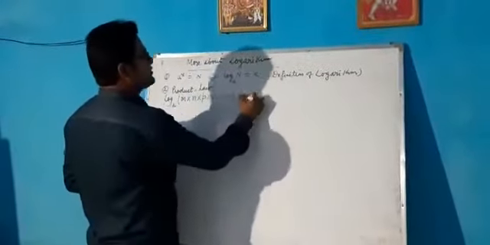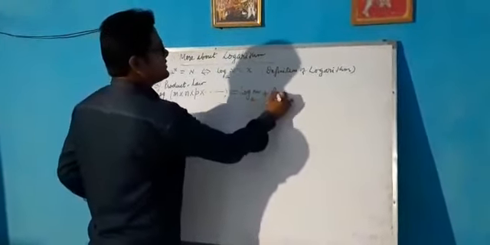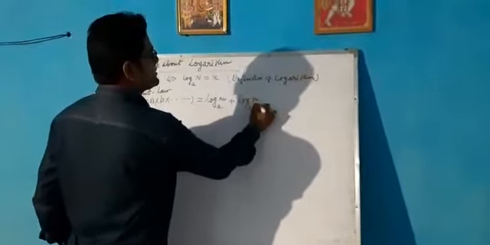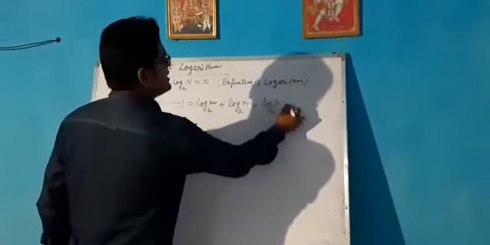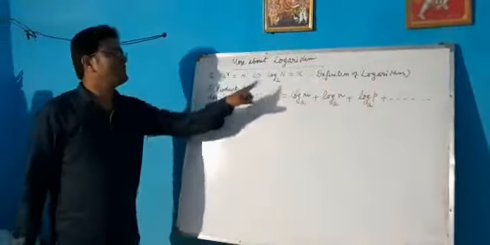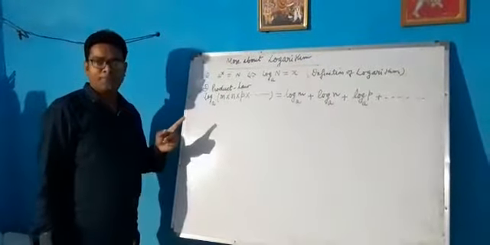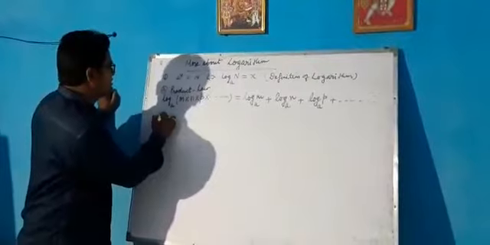It will be log m to the base a plus log n to the base a plus log p to the base a and so on. So if it is in product form, we convert into sum. That is known as product law or product rule also we can say.